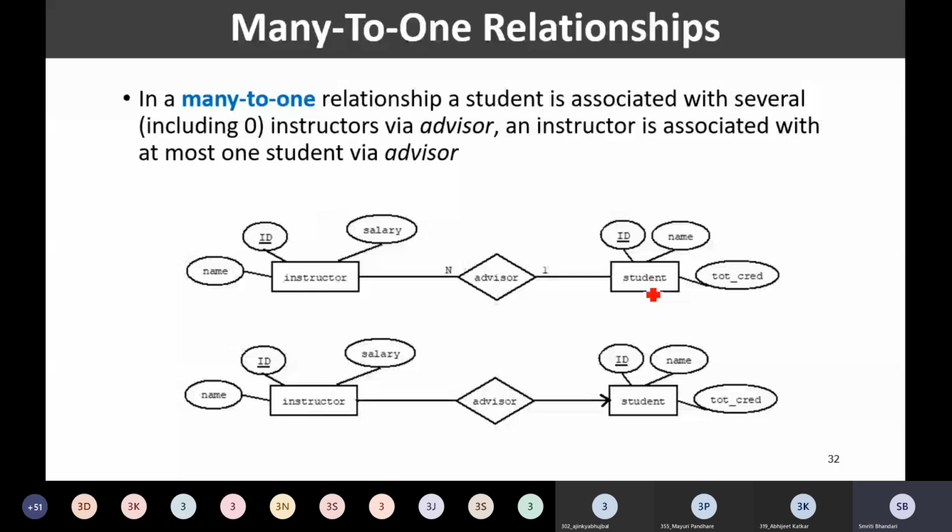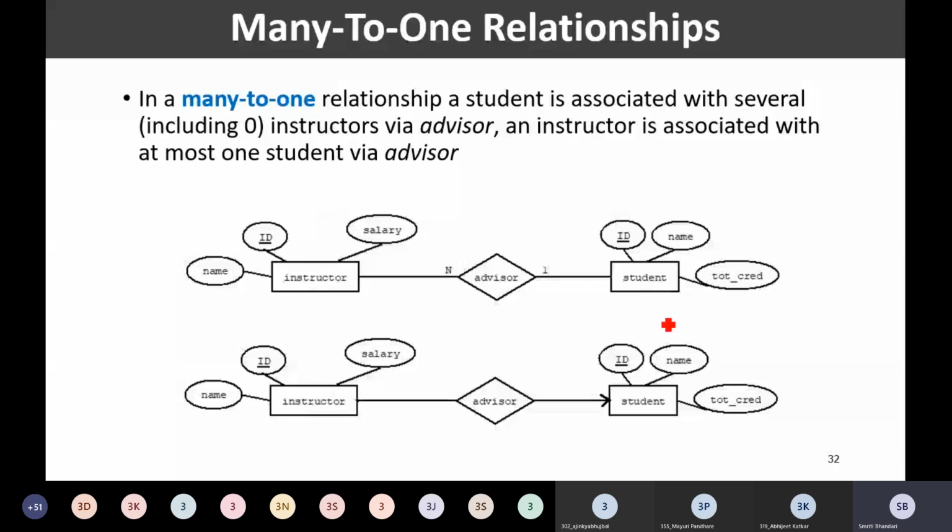So towards instructor it is N, towards student it is 1. Or with the help of the alternative notation, towards instructor it is an undirected line, towards student it is a directed line. Directed line indicates 1, undirected line indicates many. So many to one relationship can be interpreted like this.